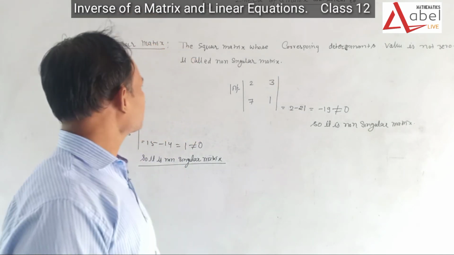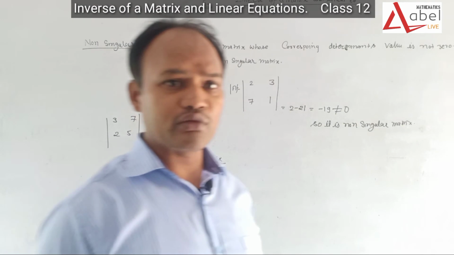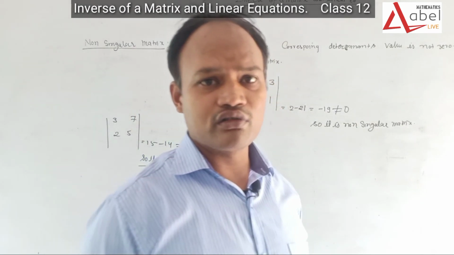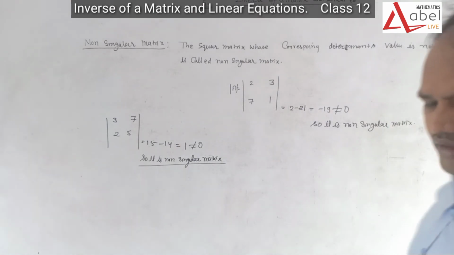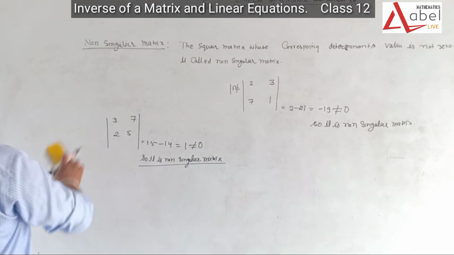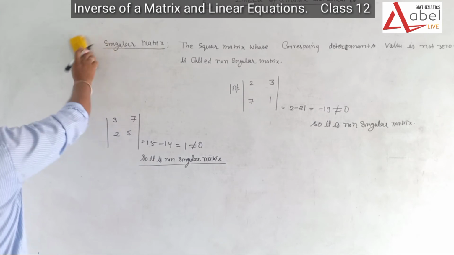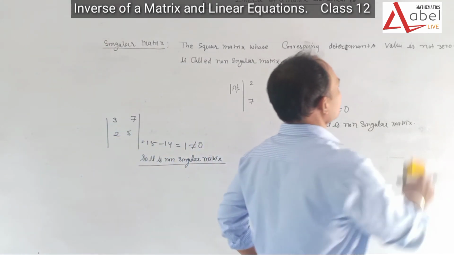When we say non-singular matrix, in our mind it is clear what is the singular matrix and what is the non-singular matrix. Okay students, now we are going to discuss the next topic that is related to it, and that is similar to it. This is a non-singular matrix. A singular matrix is a square matrix whose corresponding determinant value is 0.